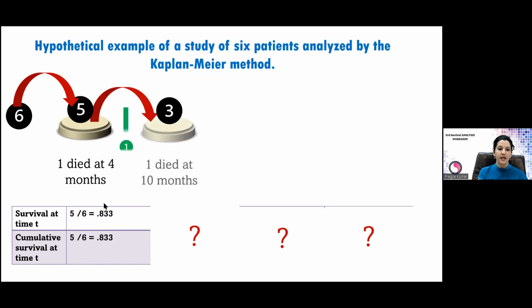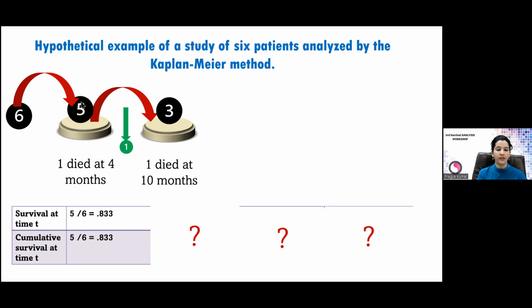Then again, sorry, at 10 months, this is 10 months. So at 10 months, 1 person died. And this green one is the loss to follow-up. So what will be the survival probability? So 3 remained here, because 1 is a loss to follow-up.